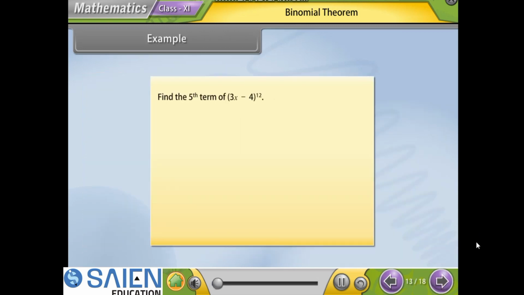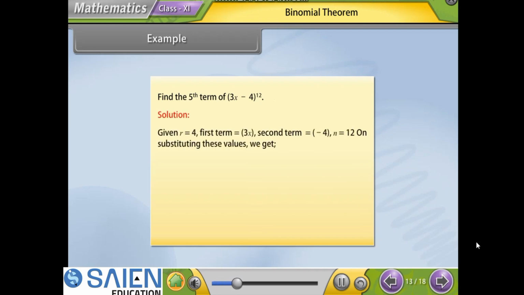Example. Find the fifth term of 3x minus 4 raised to power 12. Solution. Given r is equal to 4, first term is equal to 3x, second term is equal to minus 4, n is equal to 12.